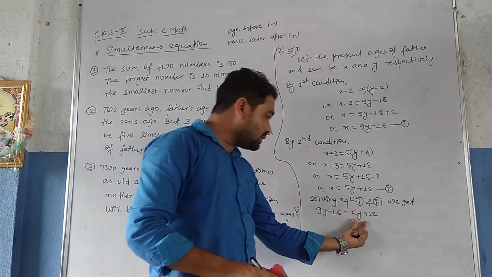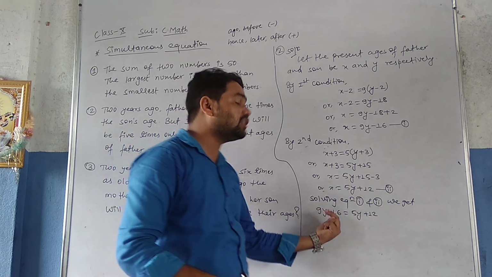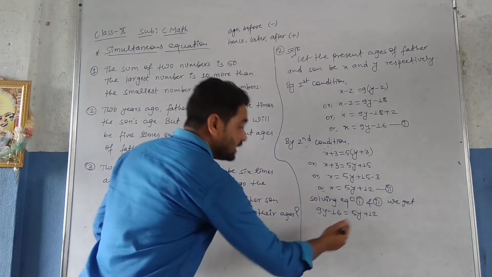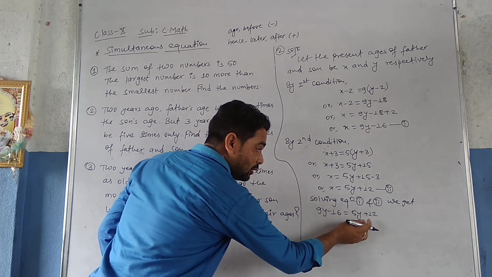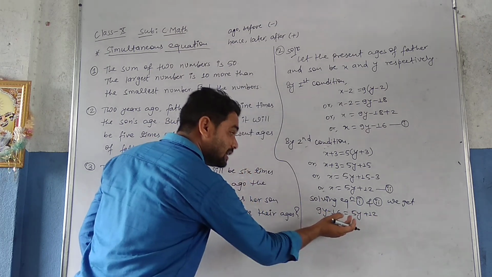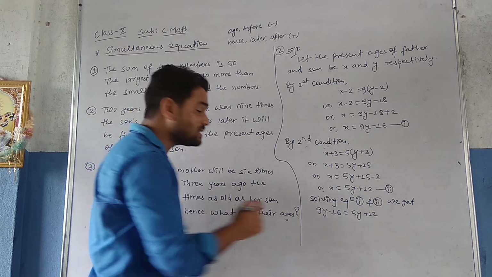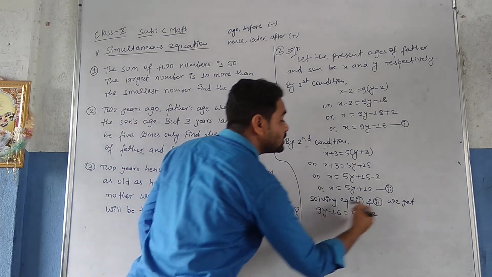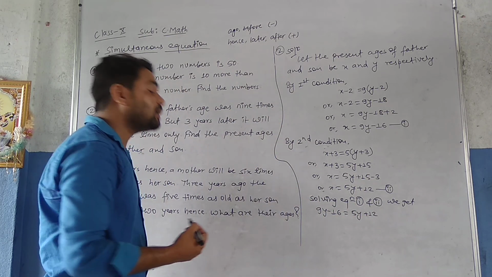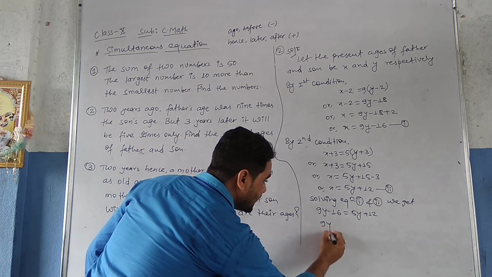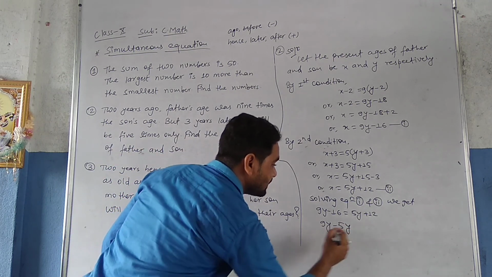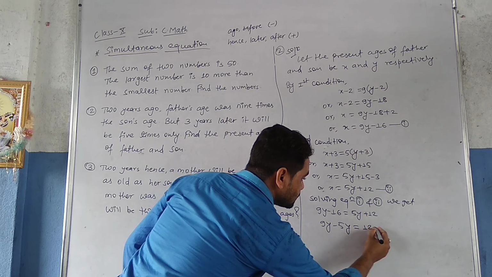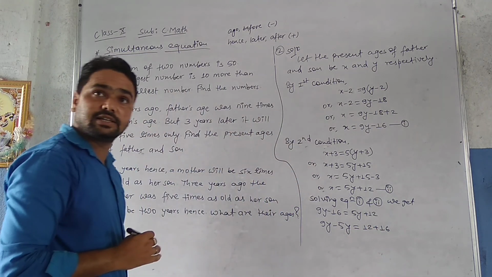Now variable terms to one side and constants to the other side. Now 5y is here; when this comes to this side, it becomes minus 5y. And this minus 16 goes to this side, then it becomes plus 16. So it becomes 9y minus 5y equals 12 plus 16.